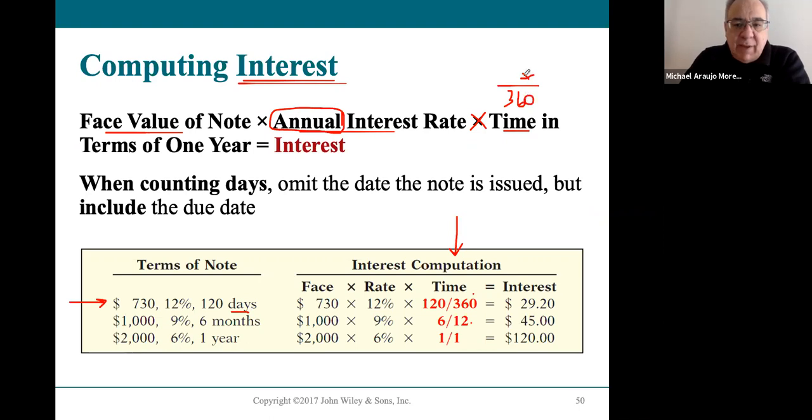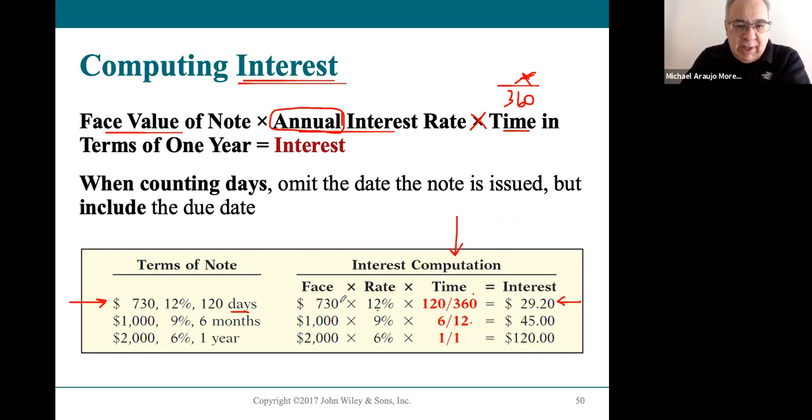The number of days is always going to be 30, 60, 90, 120, etc. So here we have $730 times 12%. Again, this is the annual rate. So we have to break that down by the time. Times 120 days divided by 360 days. So the interest here, $29.20 is the interest on the note.